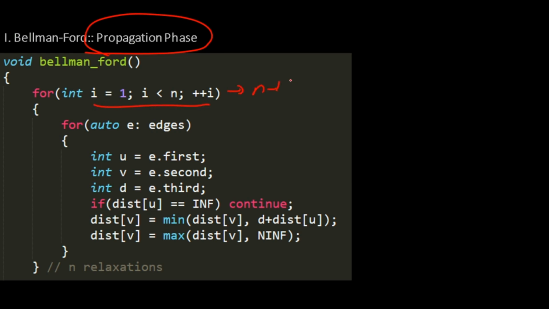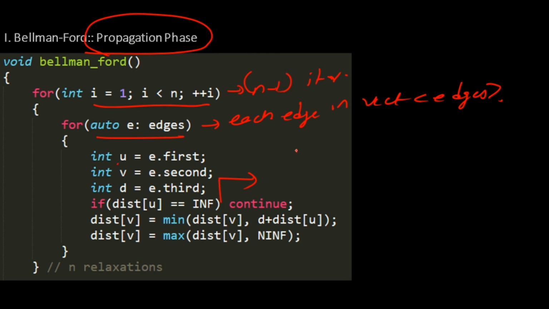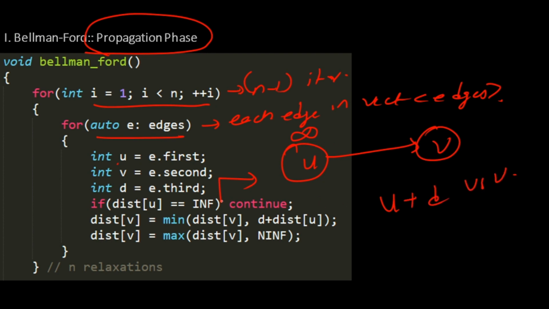For n minus 1 iterations, for each edge in the vector of edges, let us call this vertex u, vertex v. If the distance from the origin to u is infinity, I don't need to bother calculating u plus d versus v. So this will simply continue.